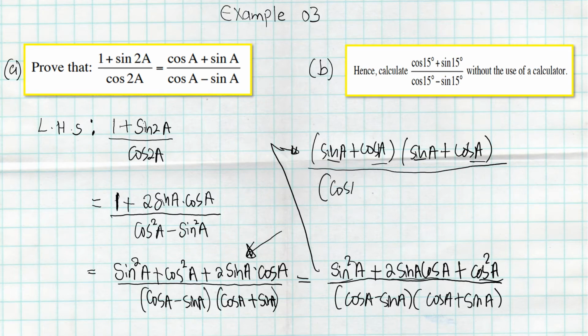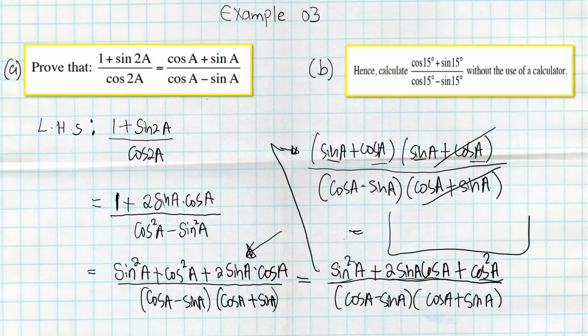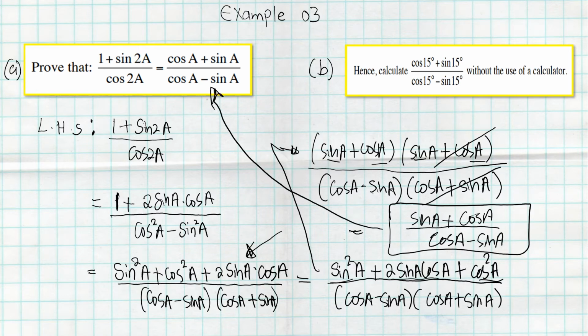So they are divided by cos A minus sine A multiplied by cos A plus sine A, right? Okay, cos A plus sine A will cancel out with cos A plus sine A. Then you will be left with sine A plus cos A divided by cos A minus sine A. And you can see there that we have just proven that the left hand side is the same as the right hand side.